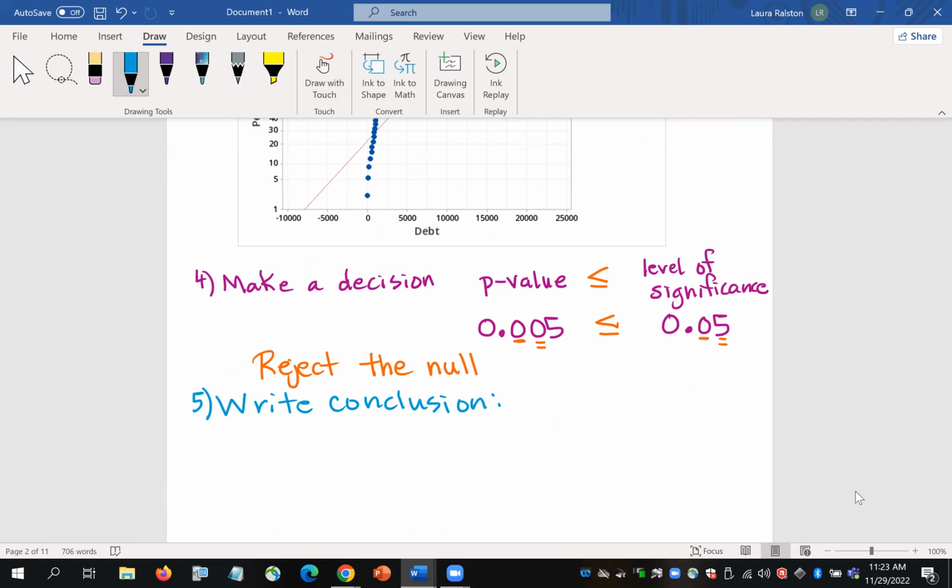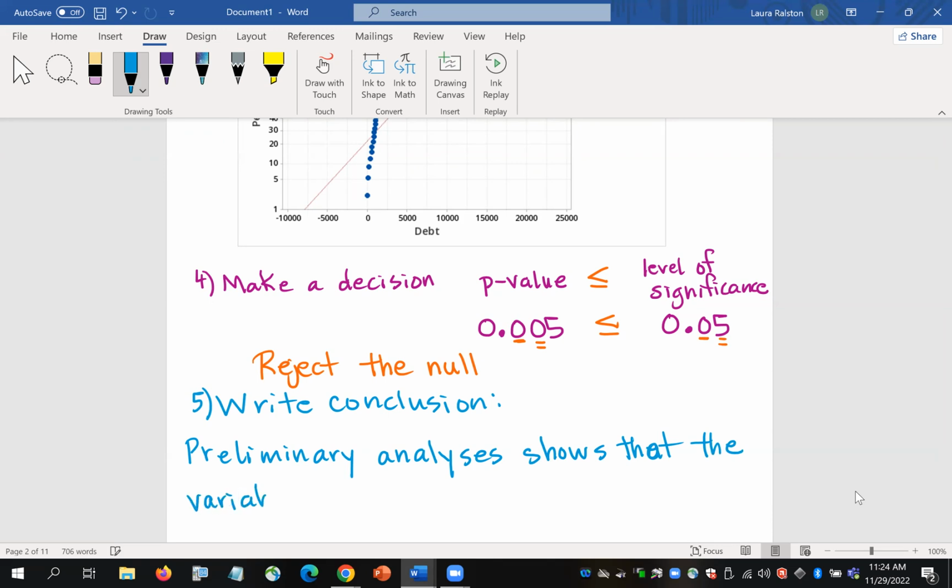Now remember, for normality, the conclusion was written just a little bit differently from the others because it says preliminary analysis shows that the variable debt does not follow a normal distribution.